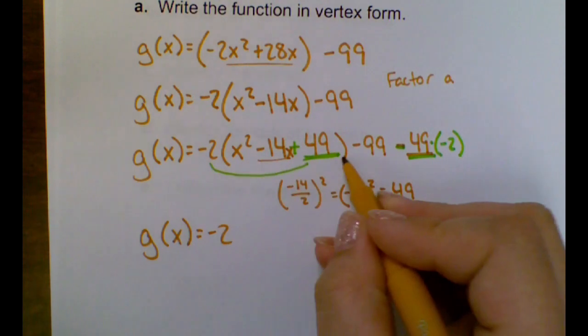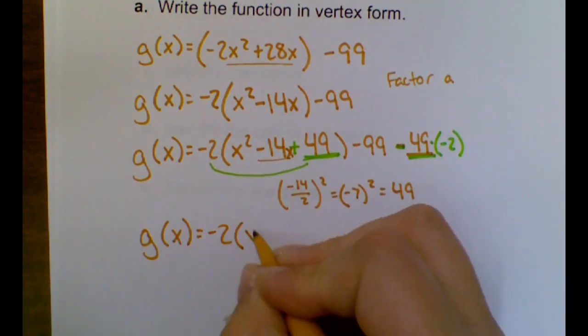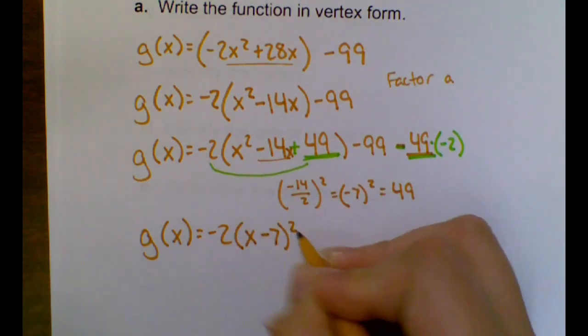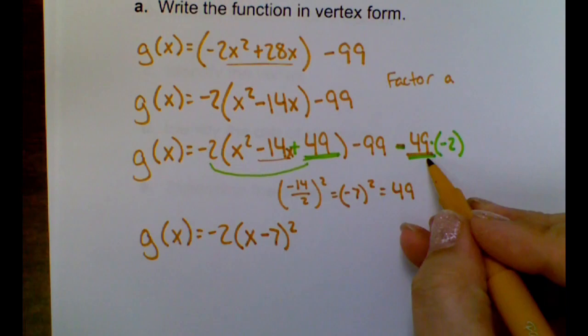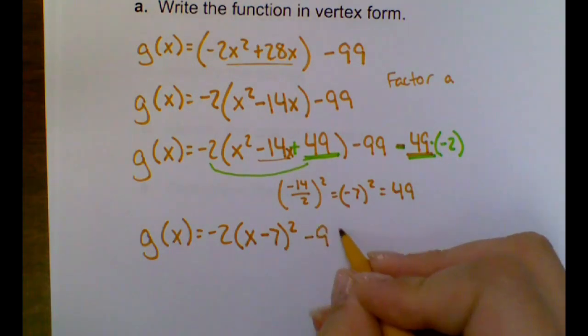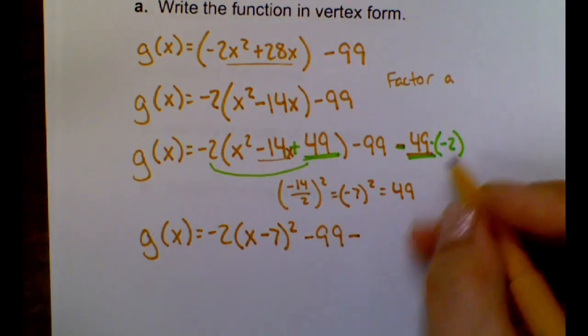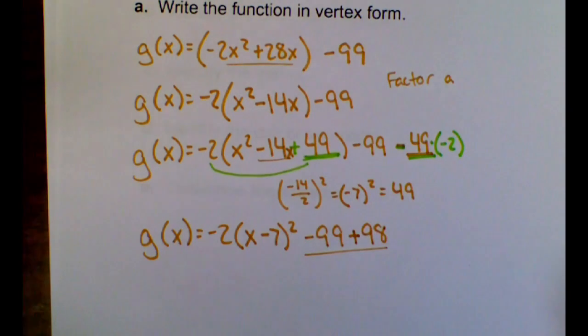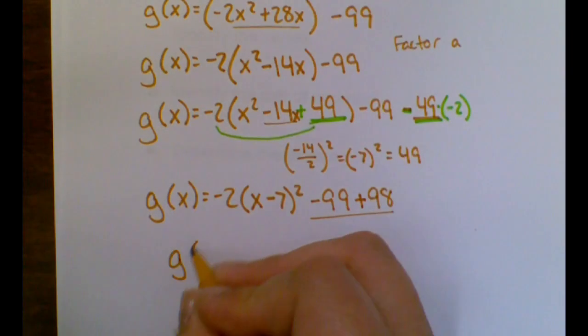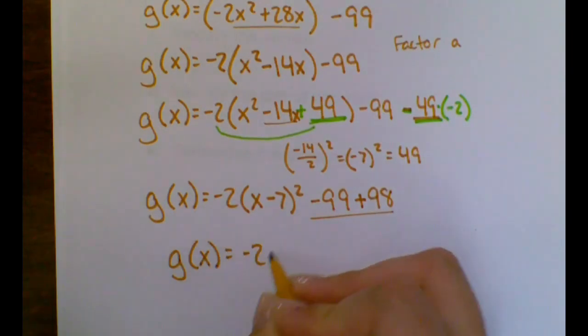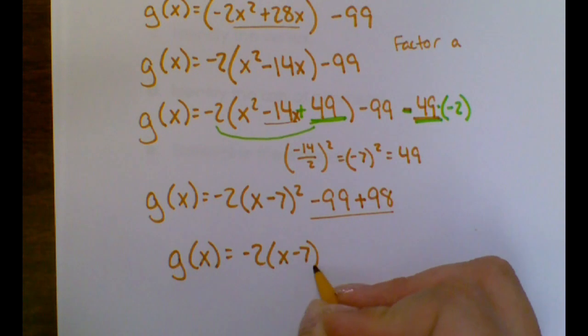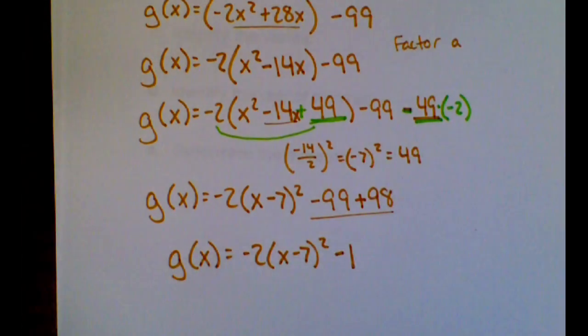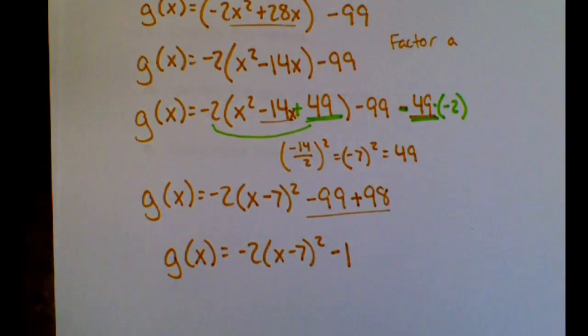X squared minus 14x plus 49 will factor nicely into x minus 7 squared. Minus 99 minus 49 times negative 2, which makes plus 98. Combine those two pieces. My vertex form is g of x equals negative 2 times x minus 7 squared minus 1. There's my vertex form.